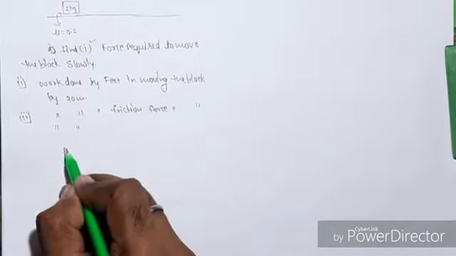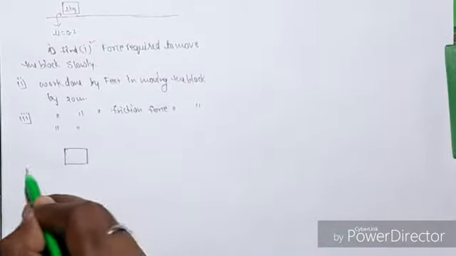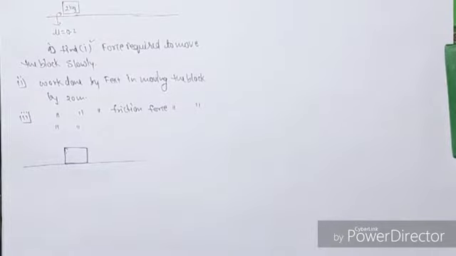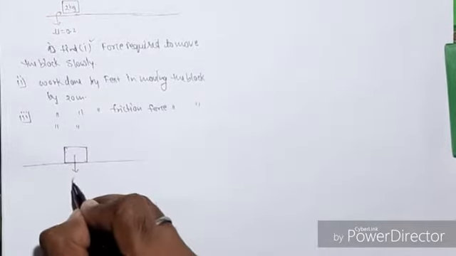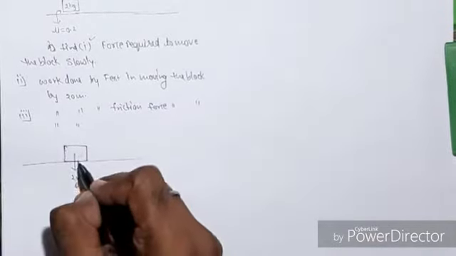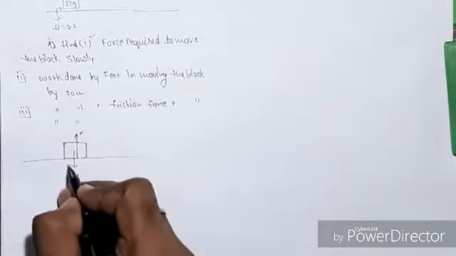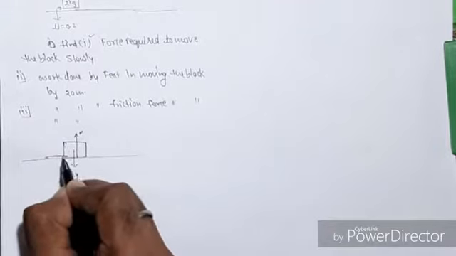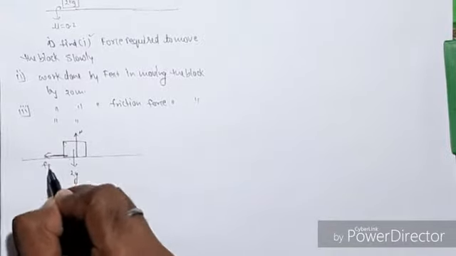If we make the FBD of this block, how many forces will act? 2 kg, or 2g, will act due to the gravitational force of the earth, and the normal will act in the upward direction, and the friction force will act.